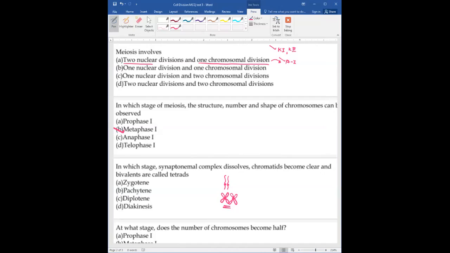Okay, guys, the answer for this thing is diplotene.